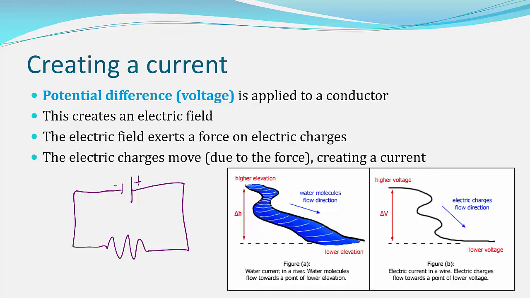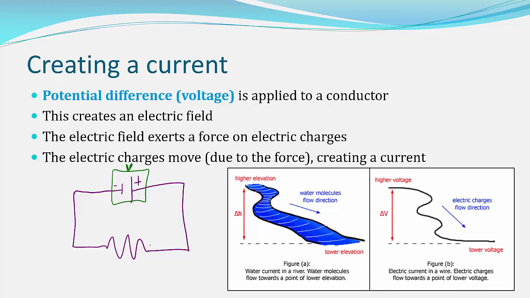This separation in charge generates an electric field that goes from positive around to negative. This electric field is produced by the voltage, so the battery is the voltage source, which provides the potential difference.